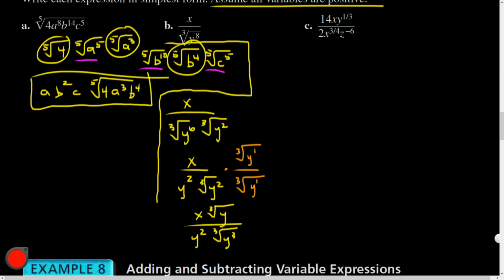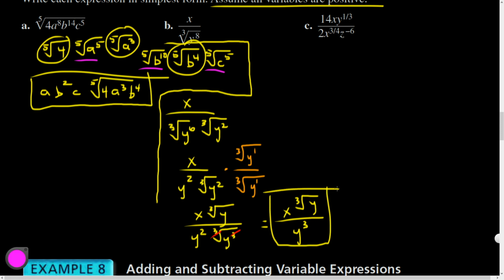And as a result, I can cancel this out, and y squared times y to the first will be left over. Oh dear. Guys, this is the saddest arrangement of work you've ever seen. And final answer: x times the cubed root of y, up top, over y squared times y to the first, which is y cubed. There we go. Final answer on that one.